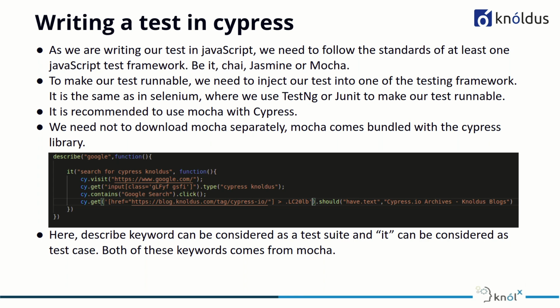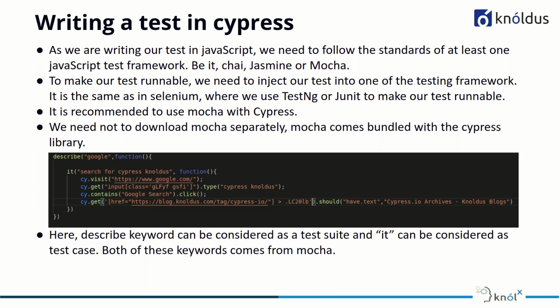Both of these keywords come from Mocha only. If I am to describe them in simple words, then the describe keyword can be assumed as a test suite that contains a number of test cases, and each test case can be defined with the it keyword.